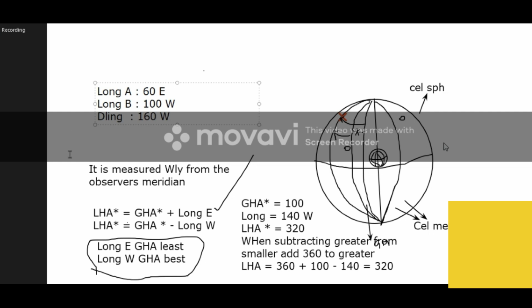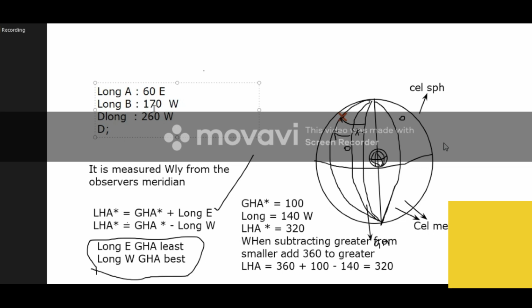Yes, sir. But suppose now instead of 100, I make it 200. Then it will become 260 west. But D long cannot exceed 180. Sir, long B can't be 200, no? Huh? Sorry, sir, not 200. I make it say 170.